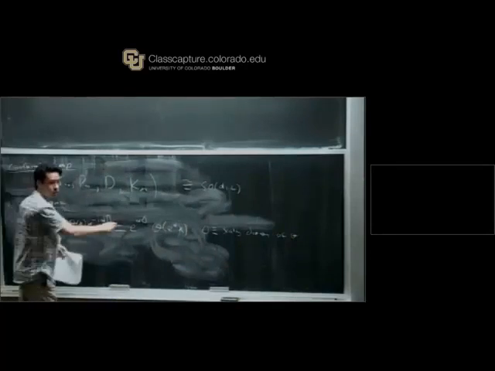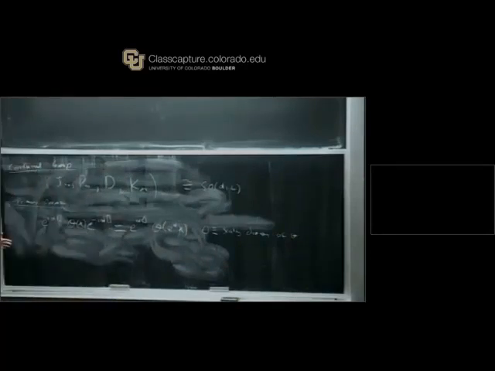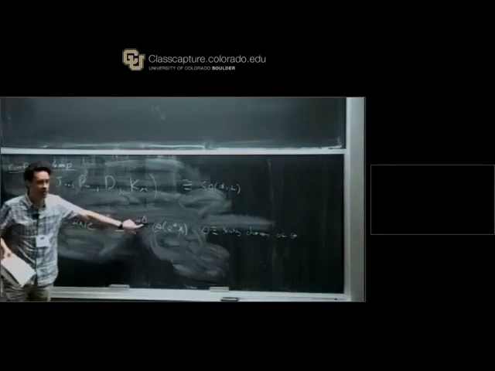Any operator that transforms like this, we say it's an operator of definite dimension, and its dimension is determined by the delta that appears in this equation. But then primaries are special.